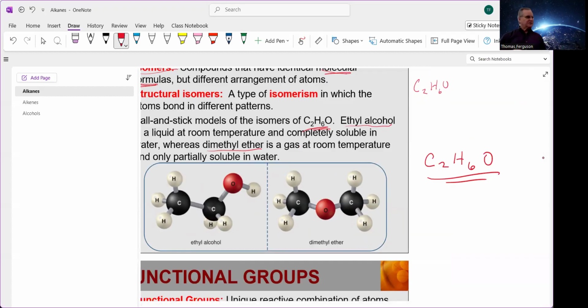So if we look at the formula for this one here, for example, C2H6O, we can write that like that. Carbon, carbon, carbon. Whenever you have an oxygen or nitrogen with a hydrogen attached, you have to write the hydrogen. Only if it's attached to a carbon, you can leave them off.